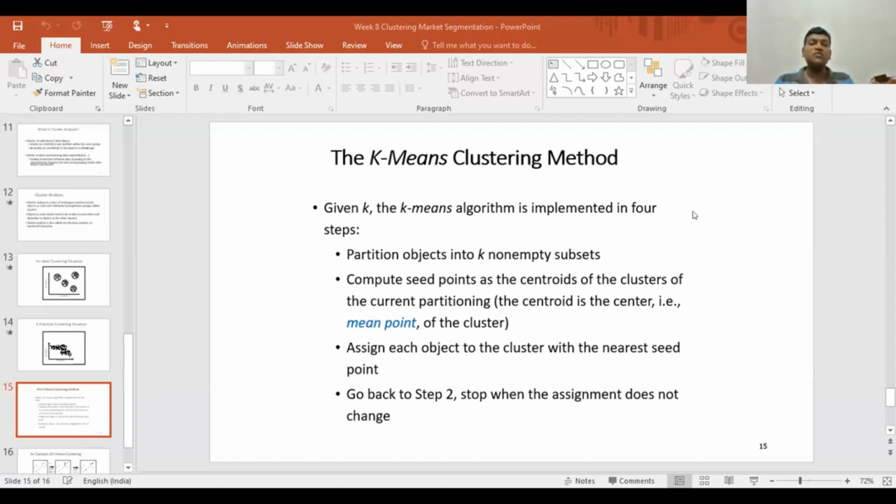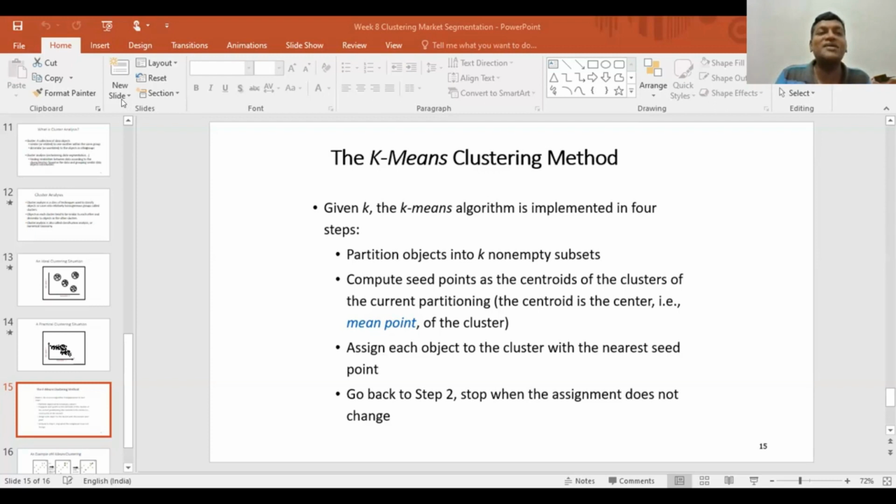Then you look for seed points, or random points within the data, assign them to be mean points, and calculate the distance from those points to every other data point in the entire set. Now, assign each object to the cluster with the nearest seed point, and go back to step 2 when the assignment does not change.